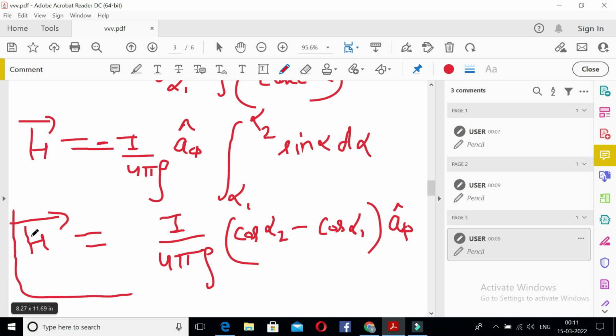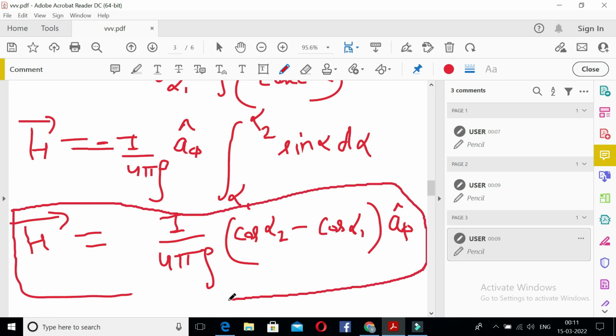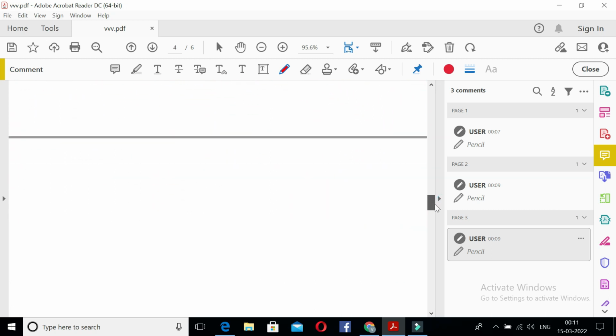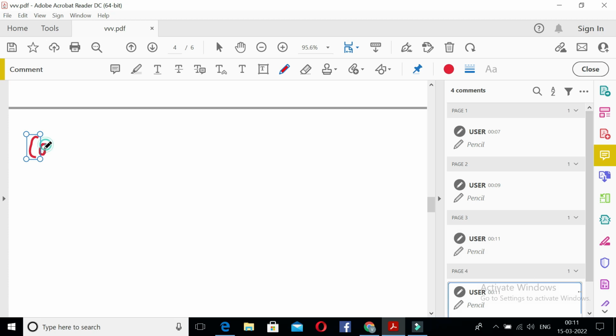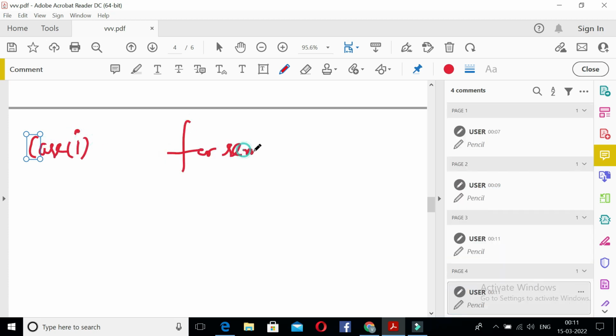And this is the H vector for the finite conductor case. Now consider case 1, for semi-infinite.